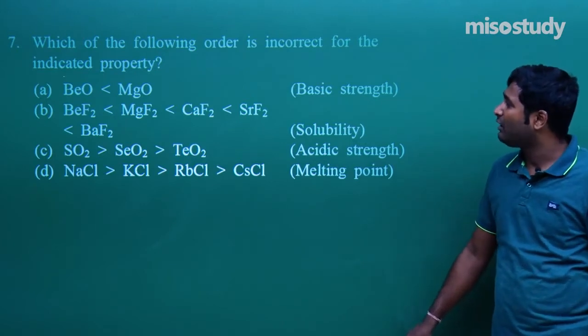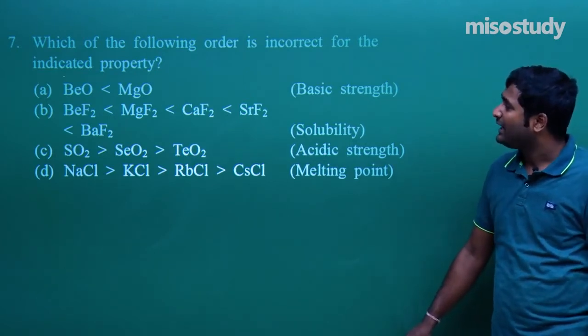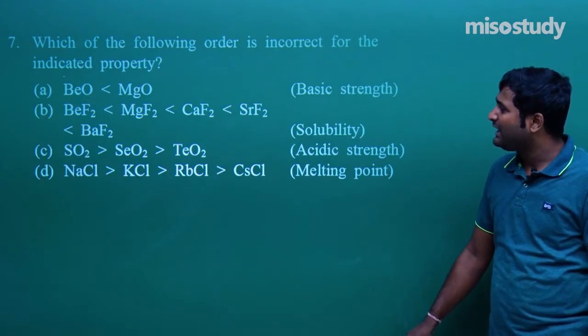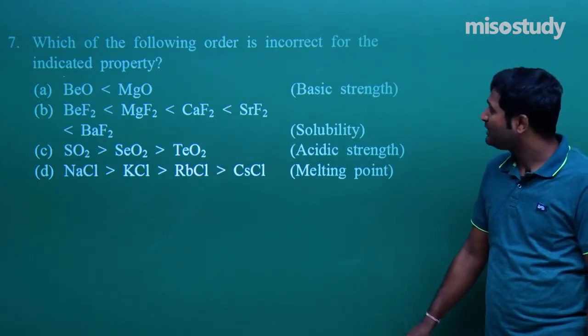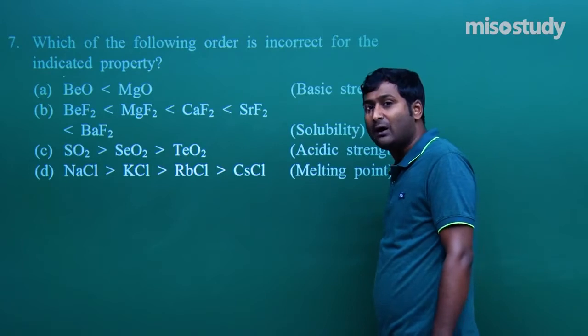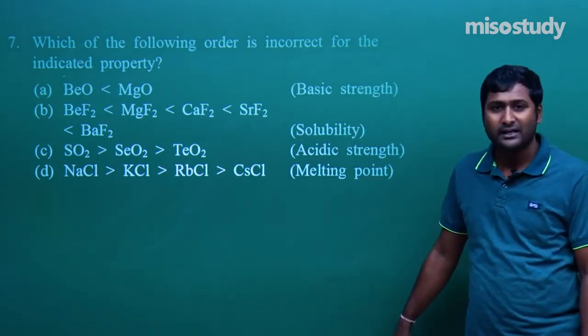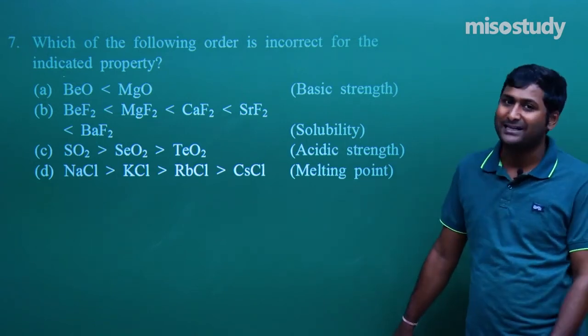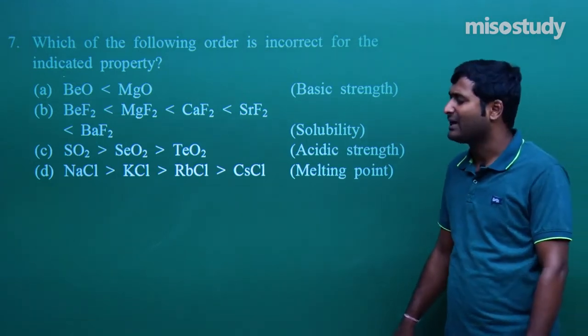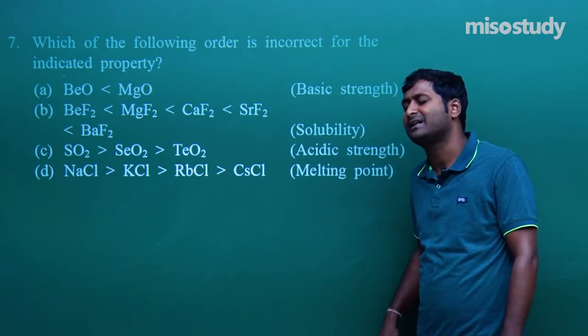Now, which of the following orders is incorrect for the indicated property? That is BeO and MgO. As we know, if we move down the group, the metallic character increases and the oxides of metals are basic in nature.